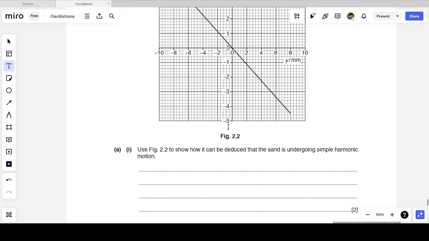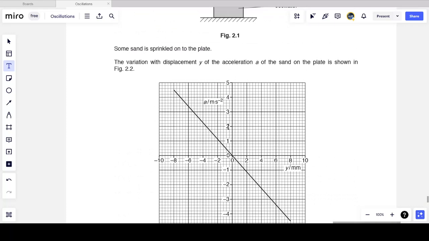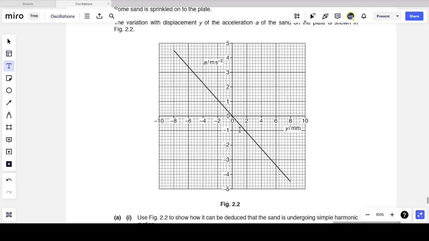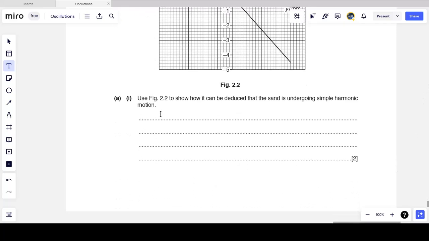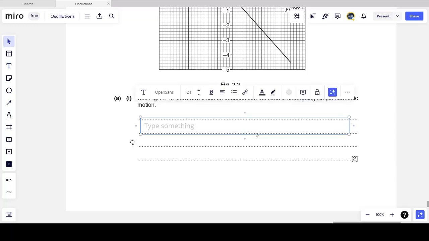And we want to show how it can be deduced that the sand is undergoing simple harmonic motion using this figure. Now again, we need to say for simple harmonic motion that a and y are proportional and in opposite directions. So I can't simply say that, I have to state that with reference to the graph. How do I know that things are proportional when I have a graph of two things drawn? A straight line through the origin.